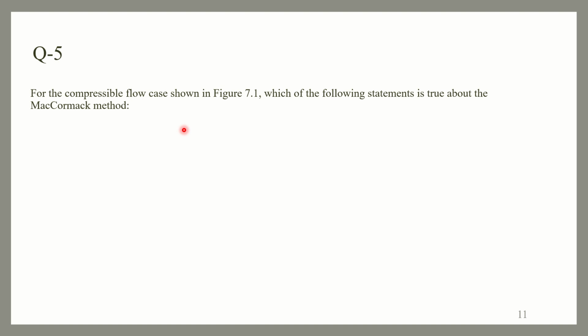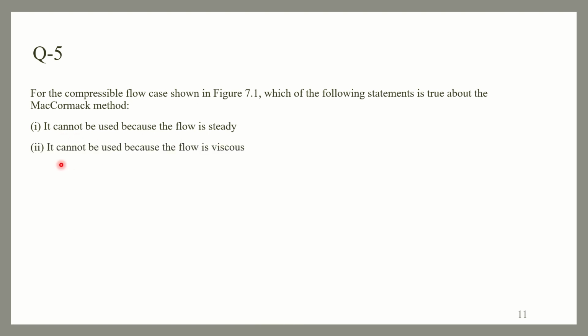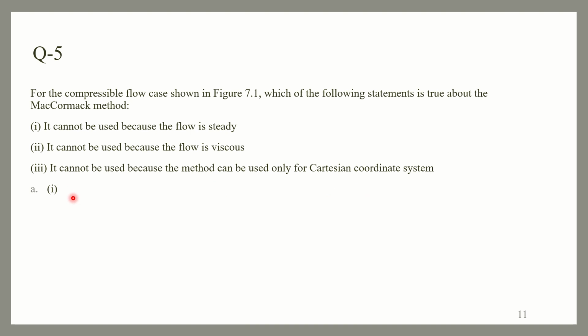The figure is the same from the previous slide. If the McCormick method is used, which of the following statements are true? The first one, it cannot be used because the flow is steady. Second, it cannot be used because the flow is viscous. Third, it cannot be used because the method can be used only for Cartesian coordinate system. Option A 1, option B 2, option C 3, option D none of the 3 is correct. So answer is option D.